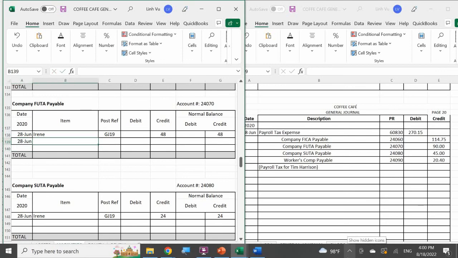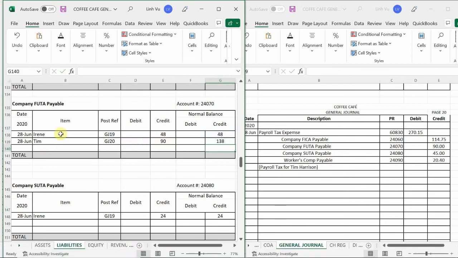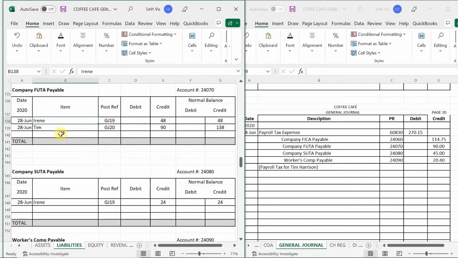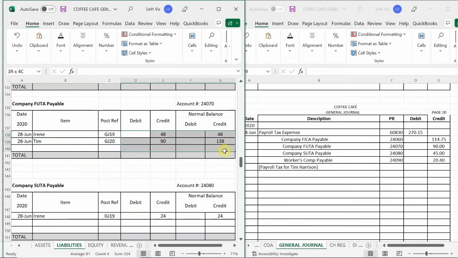It's $90. So that should give you a grand total of $138. Good. And then for the SUTA it is $45.